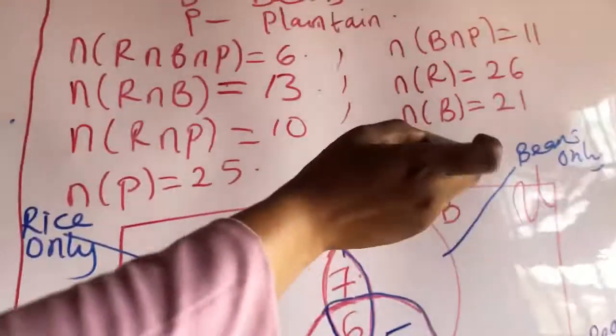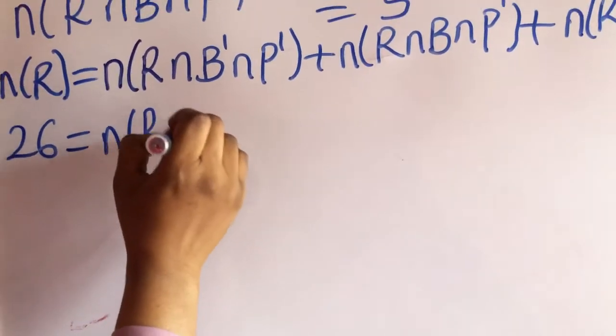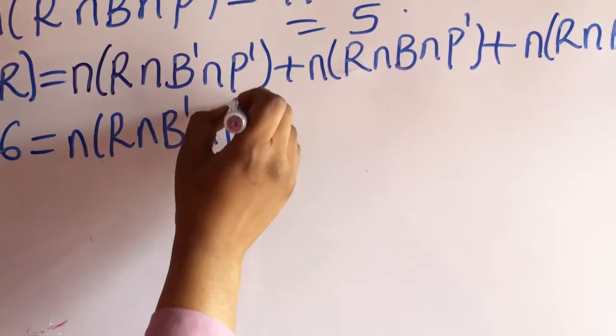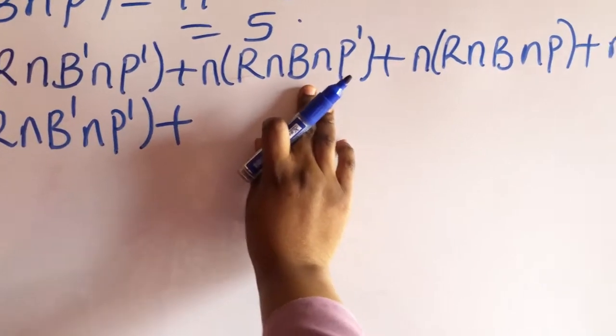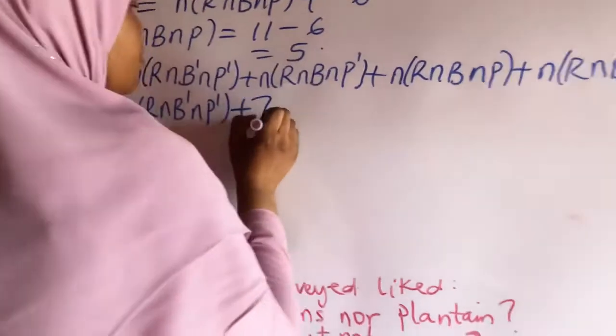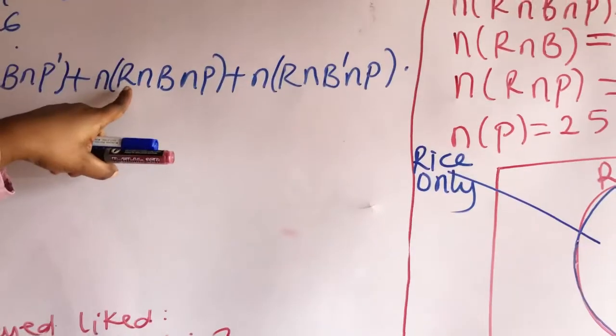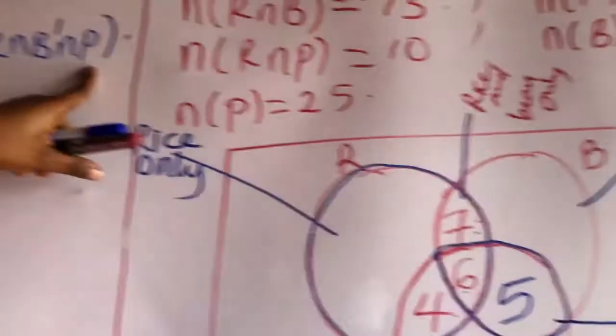Now, cardinality of R was given to be 26. So 26 is equal to cardinality of R intersect B prime intersect P prime plus cardinality of rice and beans only, which is 7, plus cardinality of rice, beans, and plantain, that is those that liked the 3 foods, 6, plus cardinality of rice and plantain only.